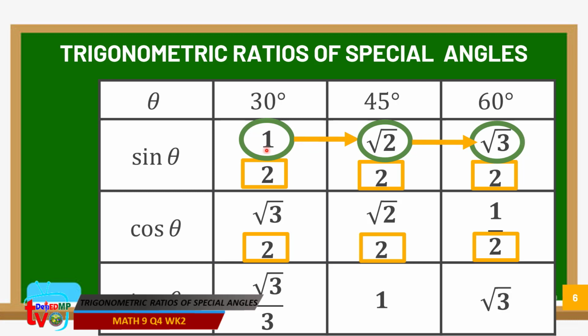So we have 1, 2, 3. However, 2 and 3 are radical numbers.